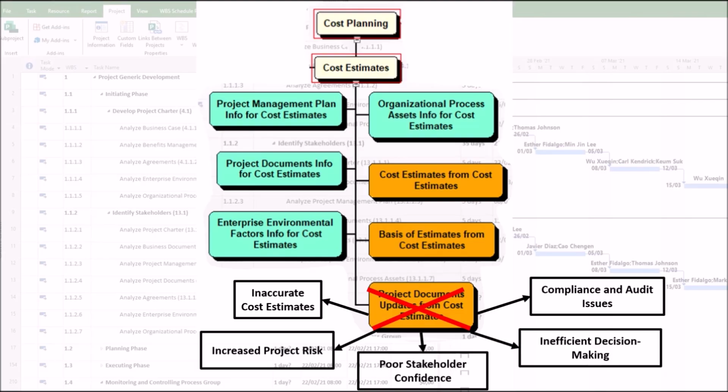Compliance and audit issues. First, failed audits. In regulated industries, poor documentation can lead to compliance failures if cost justifications are not traceable. Second, contract disputes. Inaccurate or missing records can weaken a project's position in claims or litigation.